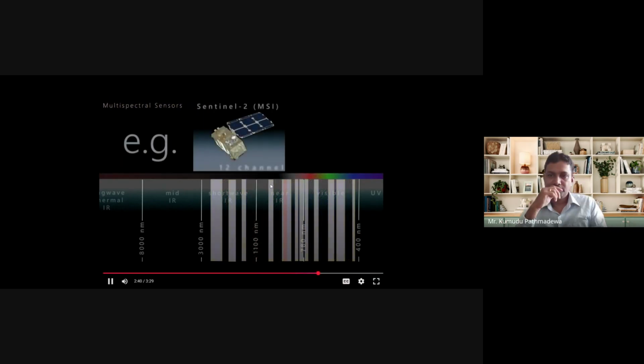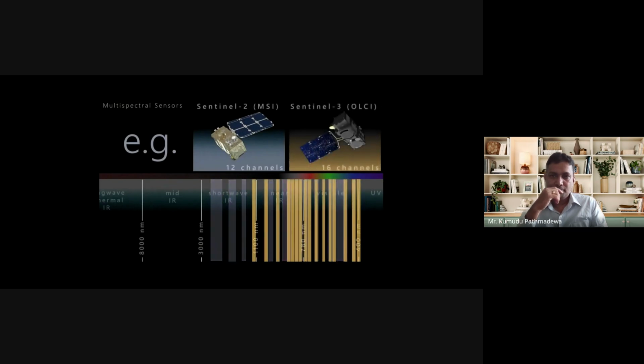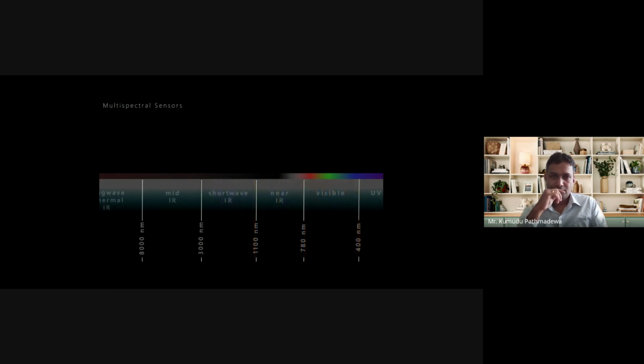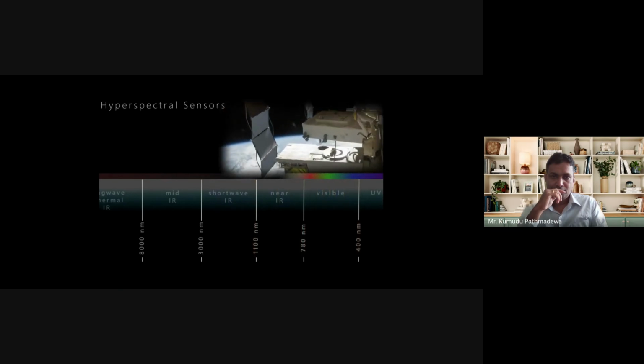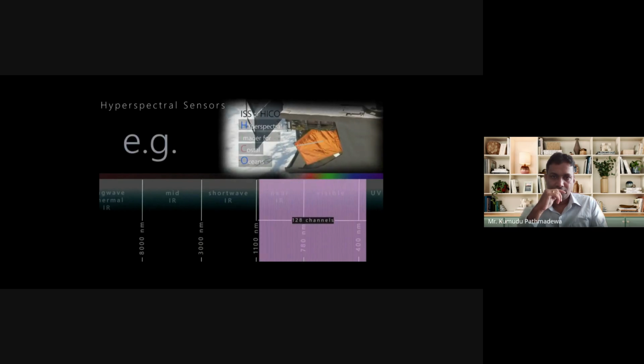Although the spectral resolution of multispectral sensors has risen in recent years, much information about the properties of surfaces is still unknown. Modern hyperspectral sensors are about to close these gaps. Hyperspectral sensors have several hundred channels and thus a very high spectral resolution. They continuously cover a much larger range of the electromagnetic spectrum, but to get this technology into space is complicated.